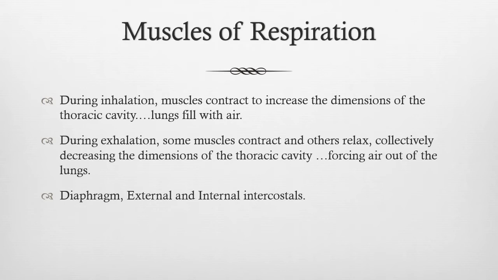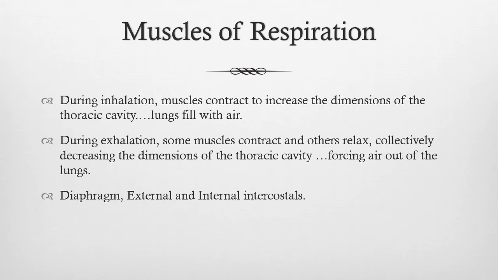For respiration, the muscles are primarily the diaphragm, but we do have some extra muscles that can be called upon at times, the intercostal muscles, both the internal and the external intercostals. Ironically, again, here they work in opposite to their name.